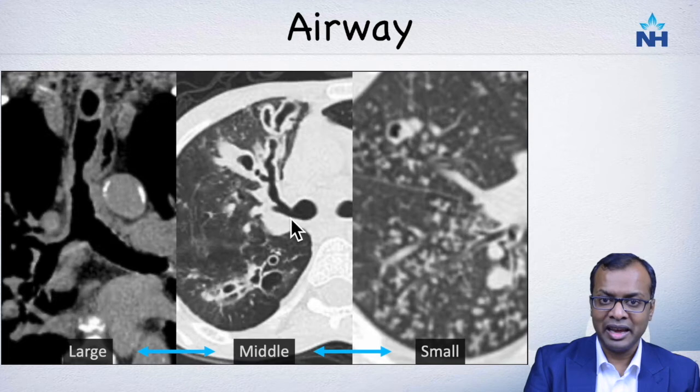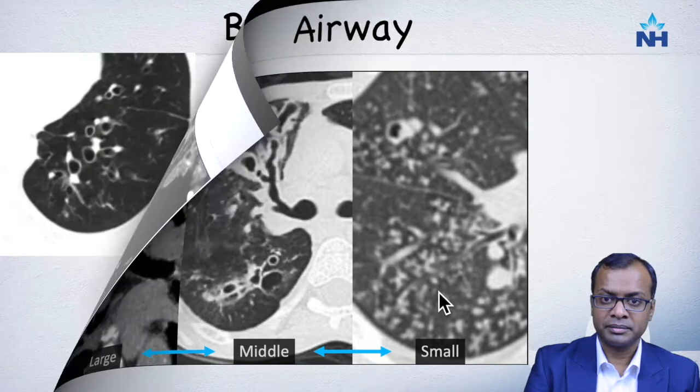The middle airways are the bronchi, which involve the lobar and segmental level, and this is where you tend to see bronchiectasis. The small airways tend to have more of a pulmonary parenchymal involvement rather than obvious bronchial pathology. So we're going to be seeing more to do with this middle and the smaller airways in this presentation.